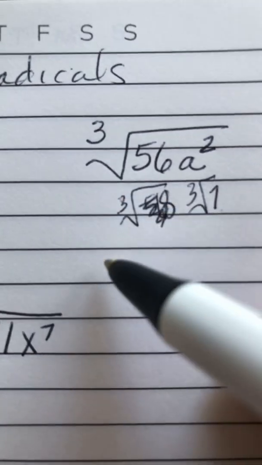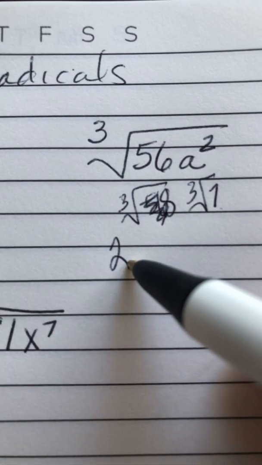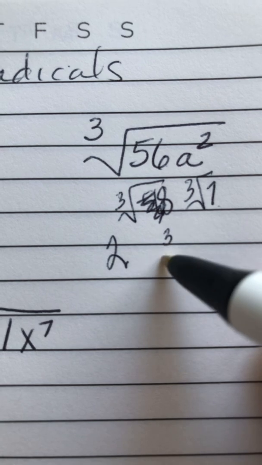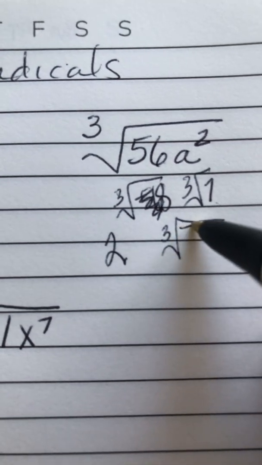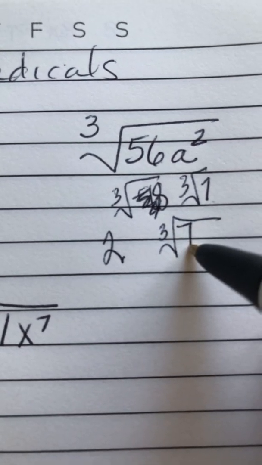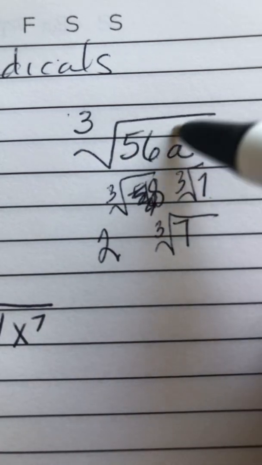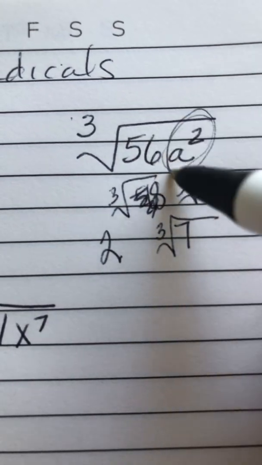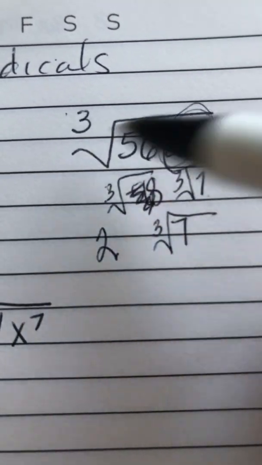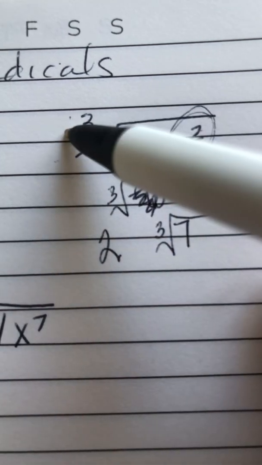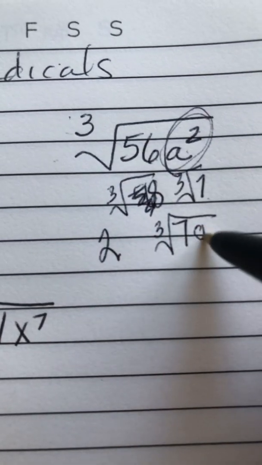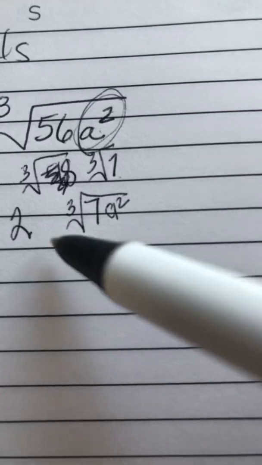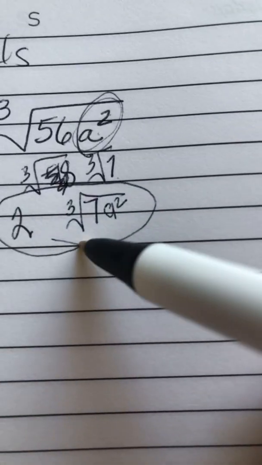So the cube root of 8 is 2, and that still leaves us with the cube root of 7 that we cannot solve. And then we have to ask, are there any cubes here that we can pull sets of a to the third out of here? And there isn't, so that part's not solvable. So our answer is 2 times the cube root of 7a squared.